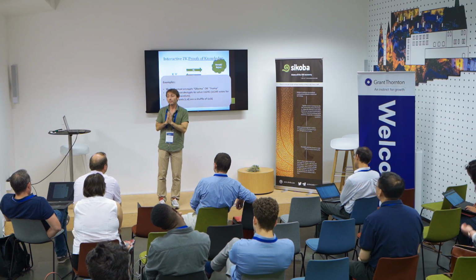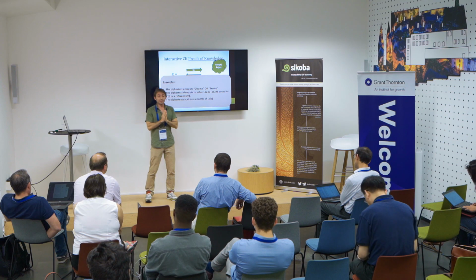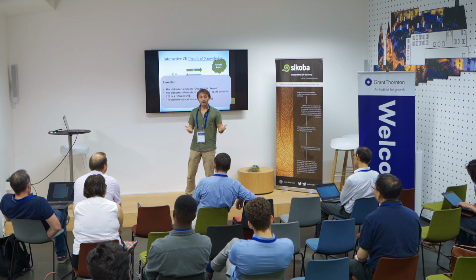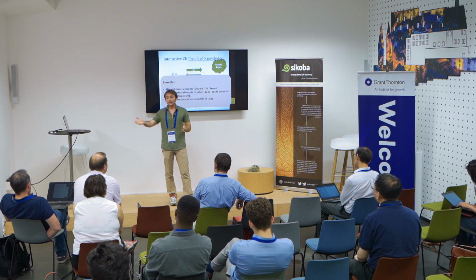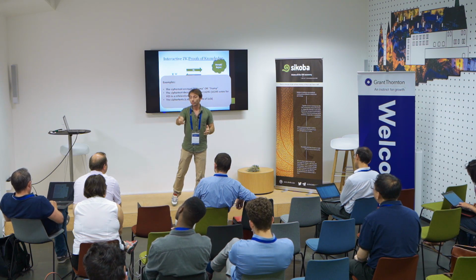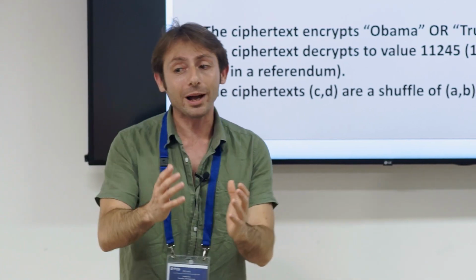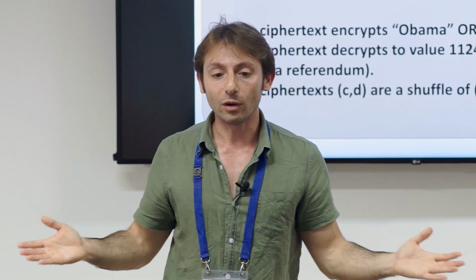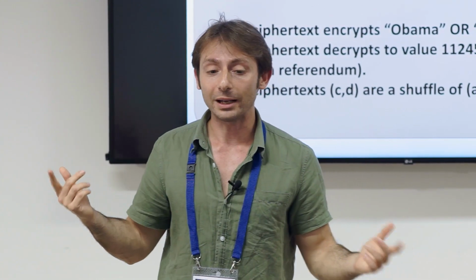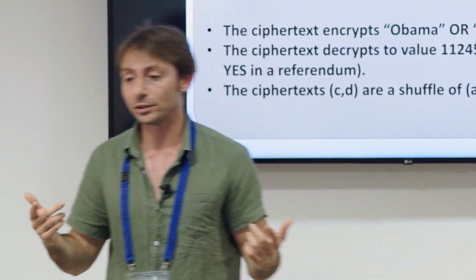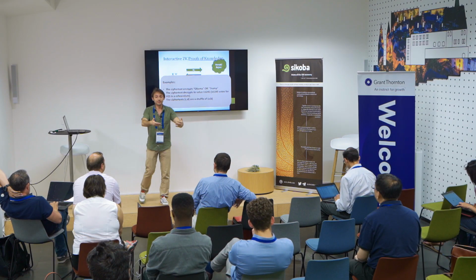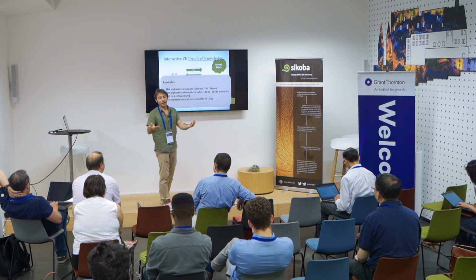Why? For example, a problem could happen in e-voting where Alex casts a ballot. I could cast the same ballot or re-randomize this ballot. Somehow I could be able to cast the same vote as Alex, not knowing what candidate Alex voted for. Okay, I could be able to duplicate the vote of Alex.